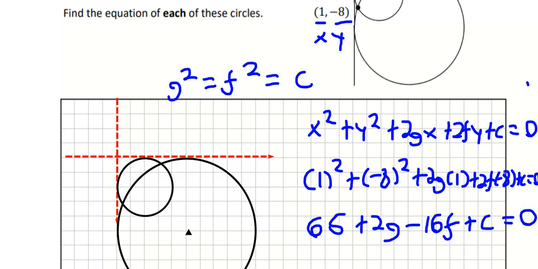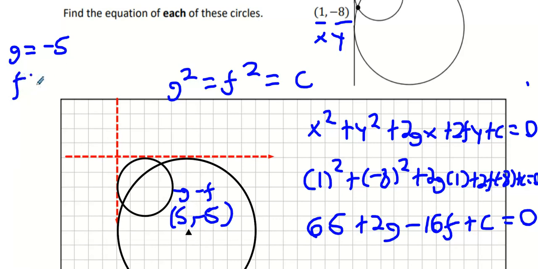Now, the real catch in this question is, remember I was talking to you earlier about the points, so that'd be (5, -5) as an example. As I said earlier, the g value is -5 and the f value is plus 5.